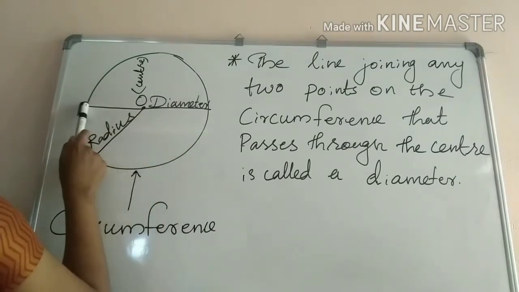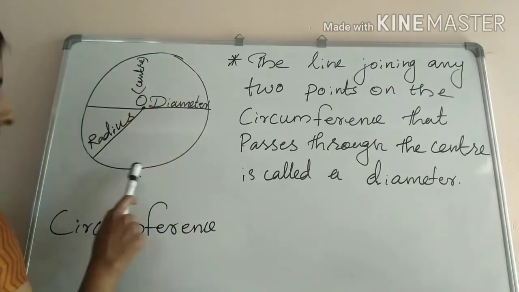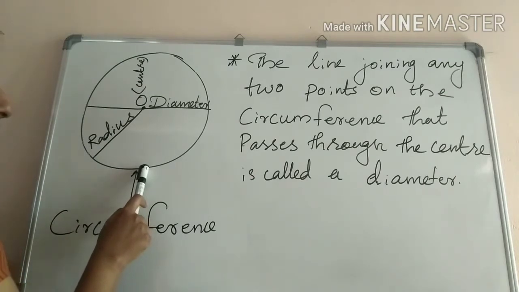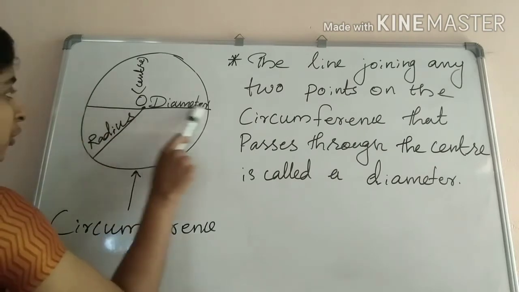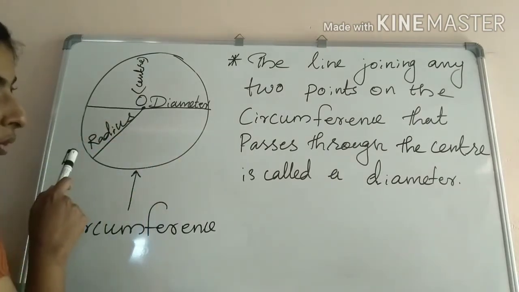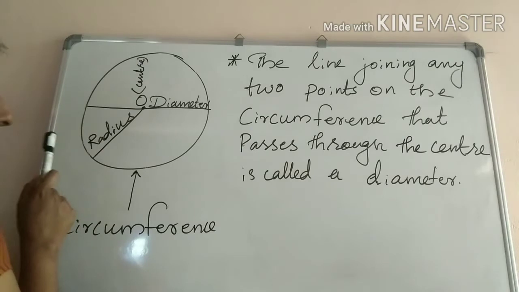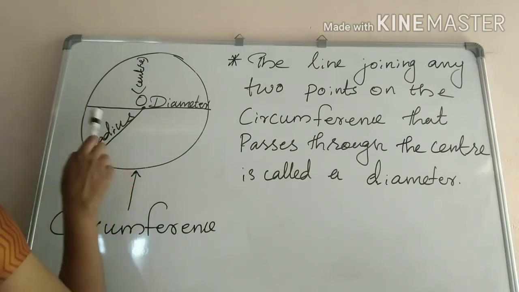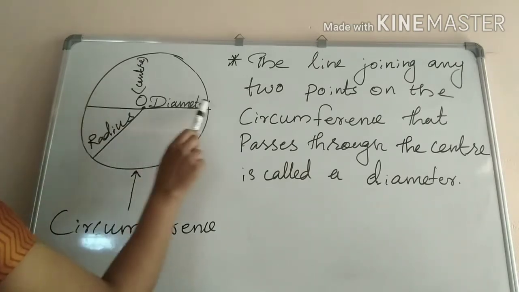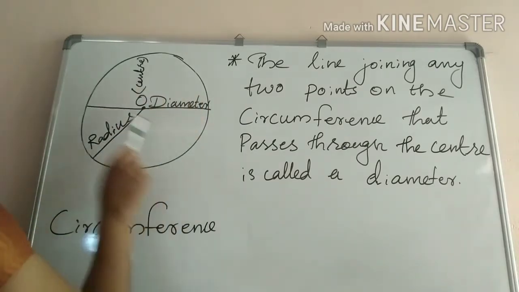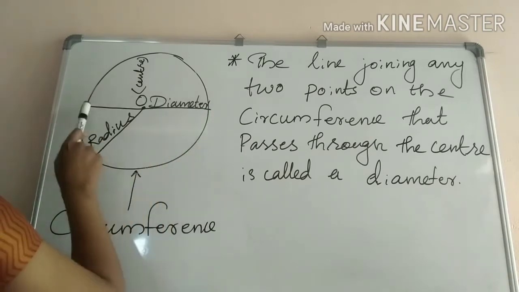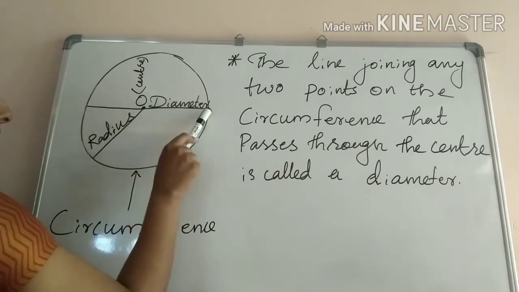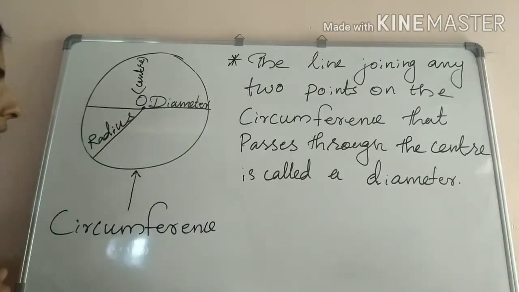The line joining any two points on this circumference, and this line passes through the center O, is called a diameter.